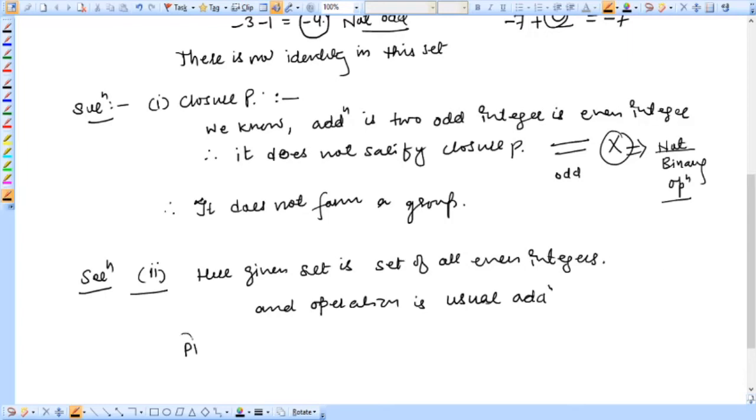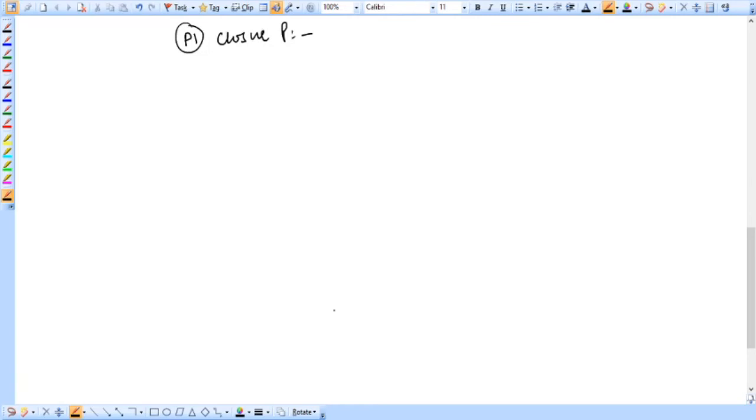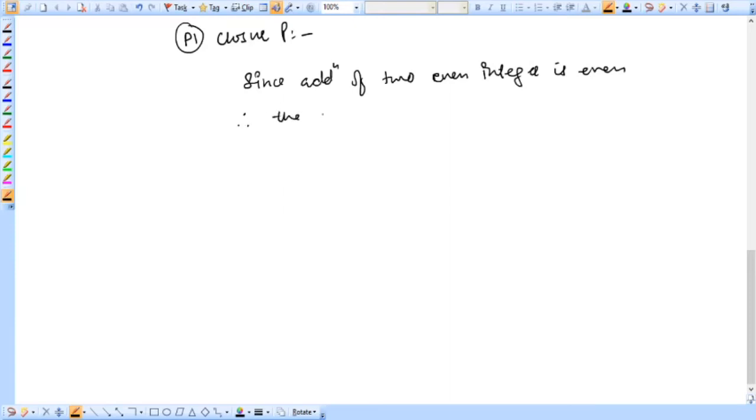Property number 1, closure property: since addition of two even integers is even, therefore the given set is closed under addition.